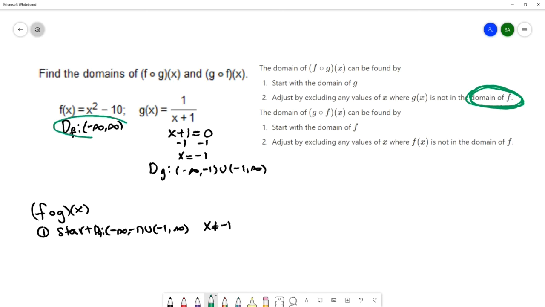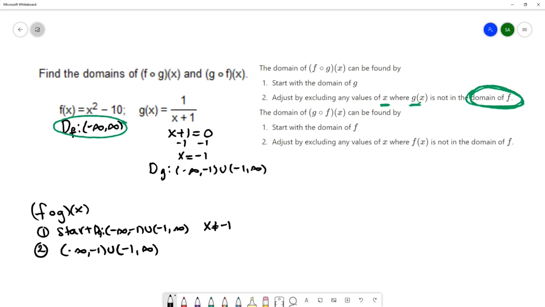Remember earlier, it didn't have any restrictions. That means that we're not going to find any new values. So that domain that we started out with is the domain of this function. The domain of f composed with g of x is negative infinity to negative 1, union with negative 1 to infinity.